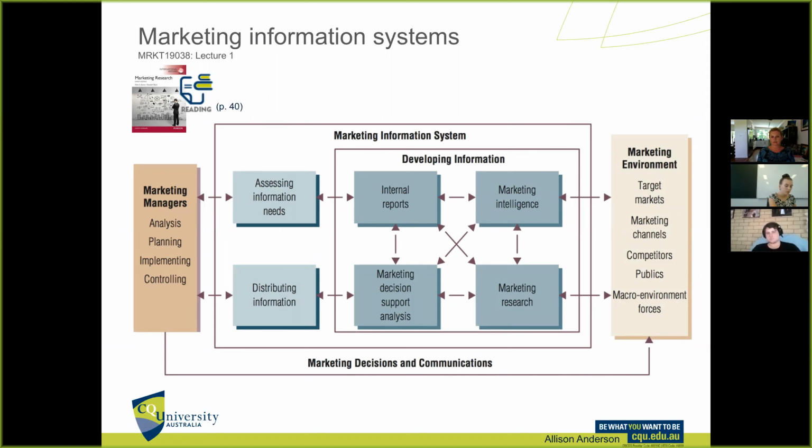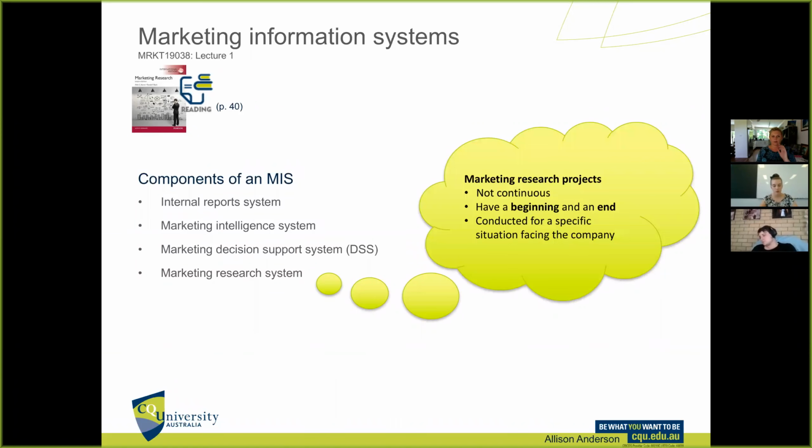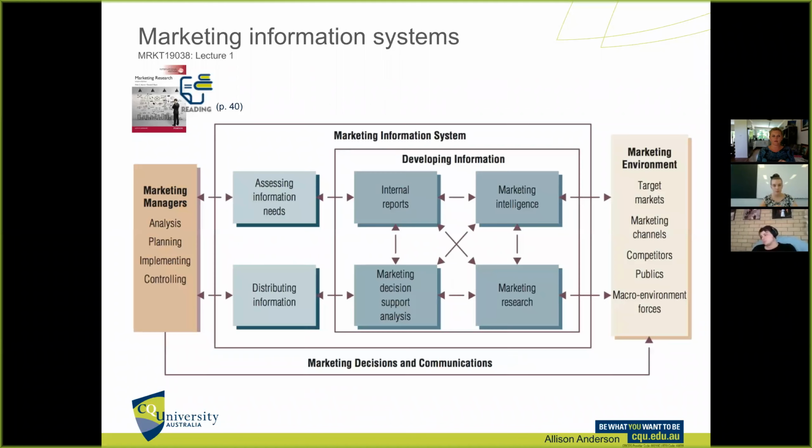So this gives you a little bit of an outline, and we'll come back to this when we're doing the case study solutions for the tutorial. So essentially, the internal report system. Here I'll just go back.